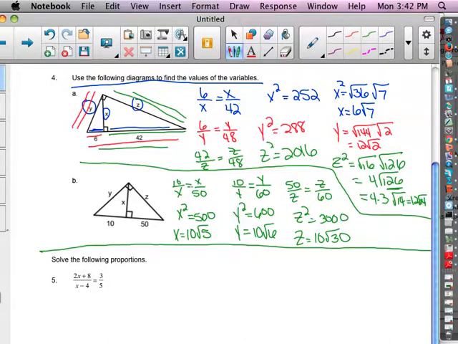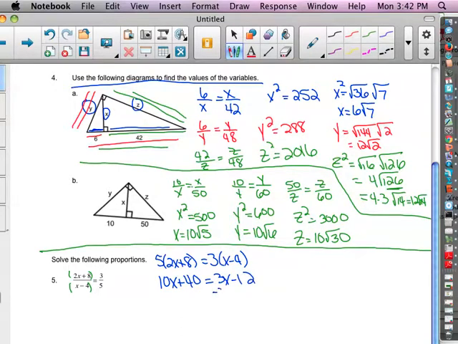Okay, next is solving a proportion. Remember, we're going to cross multiply. Remember to add the parentheses so that you don't forget to distribute that number inside. So I have 5 times 2x plus 8 is equal to 3 times x minus 4. You're going to get 10x plus 40 is equal to 3x minus 12.